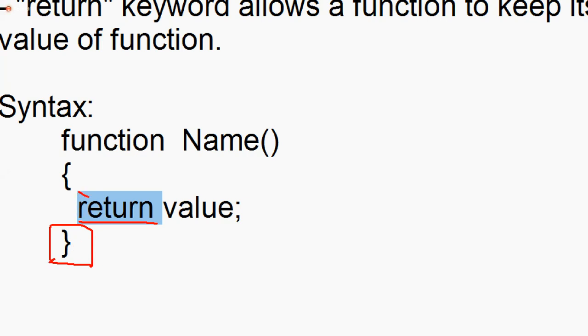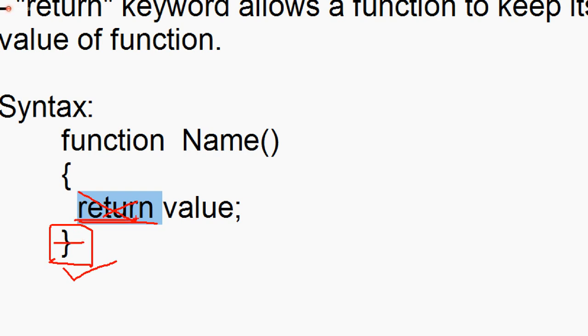Actually, if you don't use this return, what will happen? It will stop here. When it stops there, the memory allocated for that function is deleted. But with return, before reaching here, it will stop.